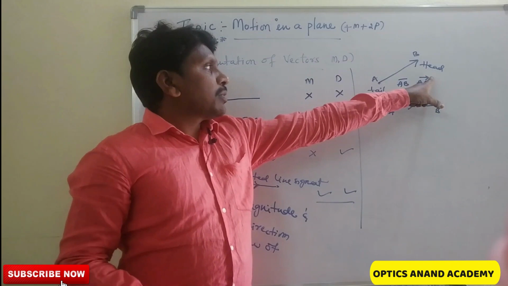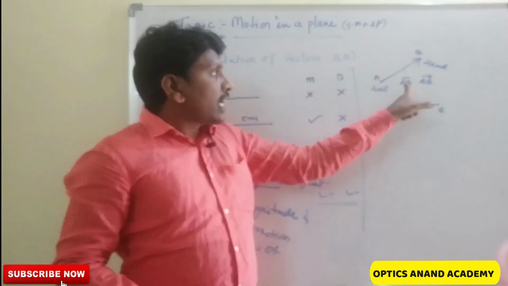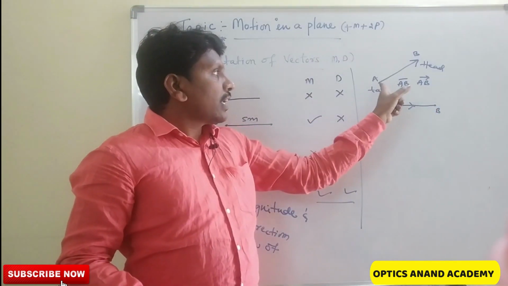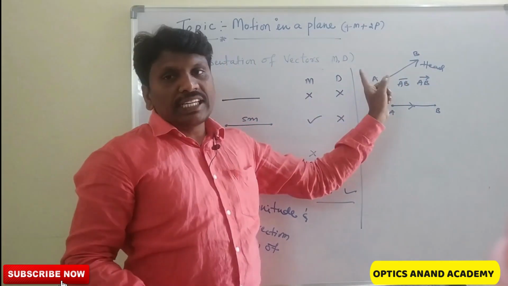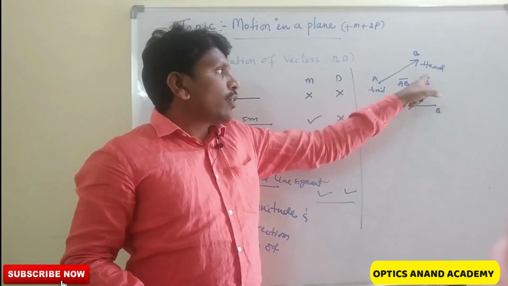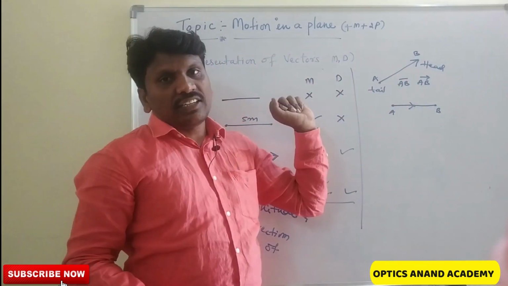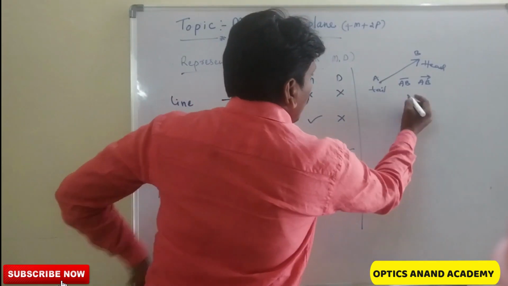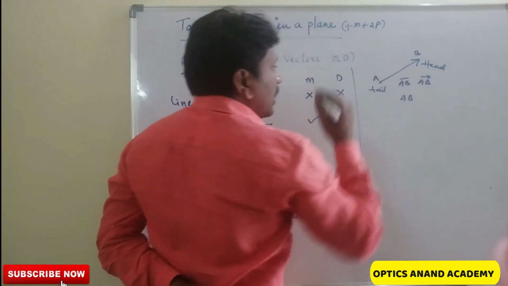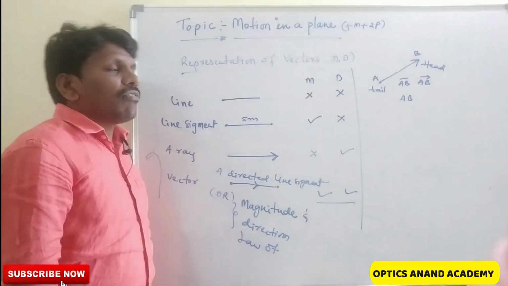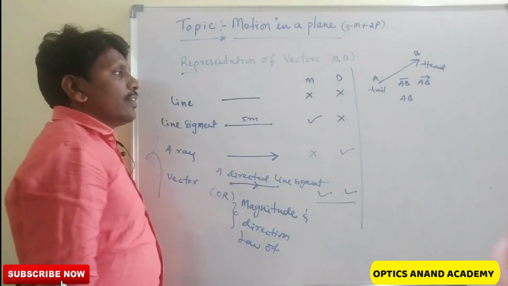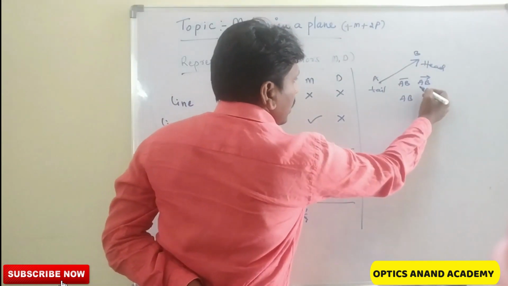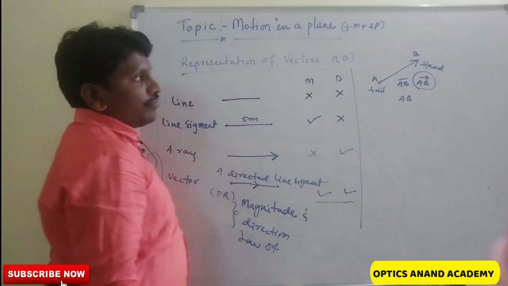This arrow represents the direction. Here AB, from A to B, represents magnitude, and this arrow or this bar represents direction. So if you write only AB, this represents the magnitude of the vector. If you write like this, it represents the vector.